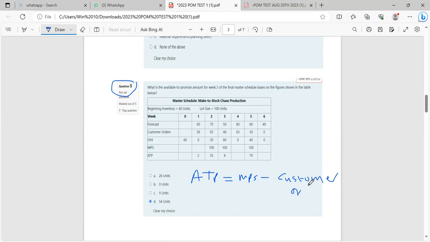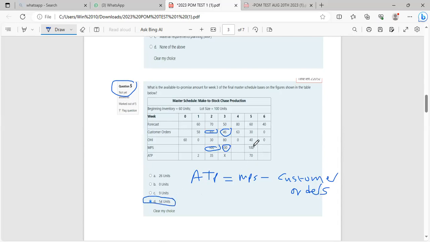This one was not an issue. The answer here, they subtracted 100 minus 65 and got 35. And here it is 100 minus 46, which gives us 54. So the answer is 54 here.